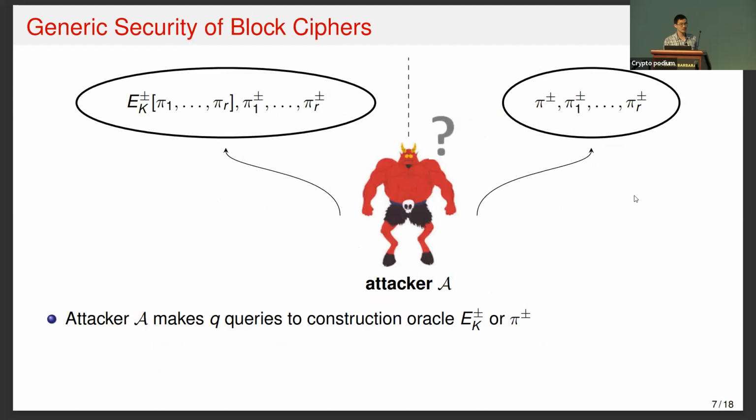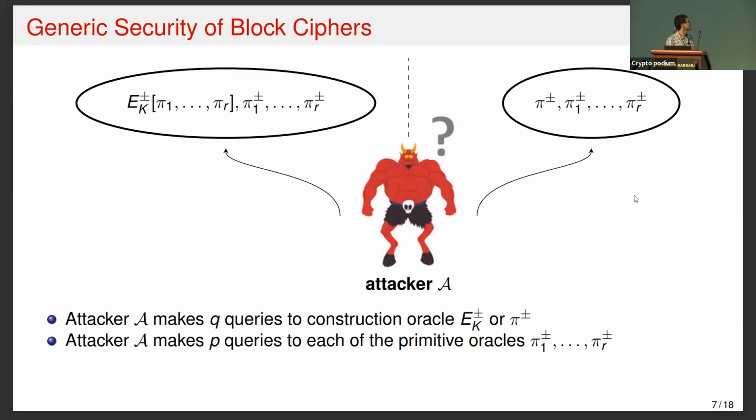Before I do that, I first want to explain what generic security for block ciphers is. In order to do that, we need to define an attack. At the beginning of the game, one of two worlds is chosen, either the real world on the left side or the ideal world on the right side. The attacker can make q queries to the construction oracle, which is the proposed block cipher in the real world and an ideal uniform permutation in the ideal world.